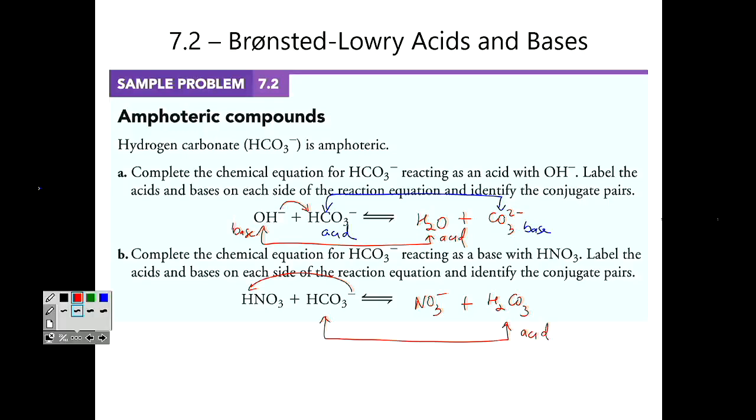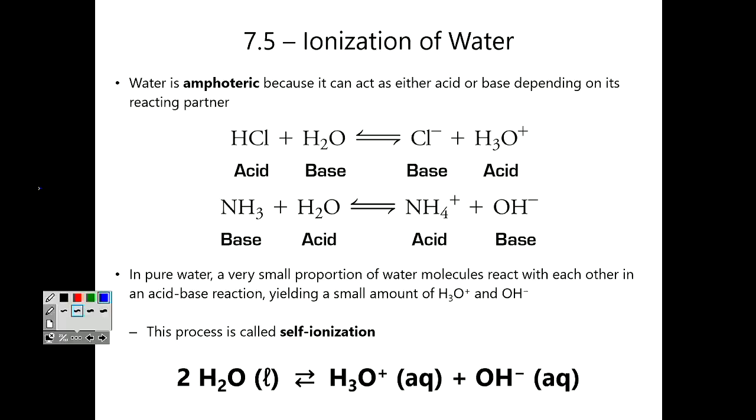This is the acid in the pair. This is the base in the pair. And the second pair is nitric acid with nitrate. This is the acid. And this is the base. Yes? All right.